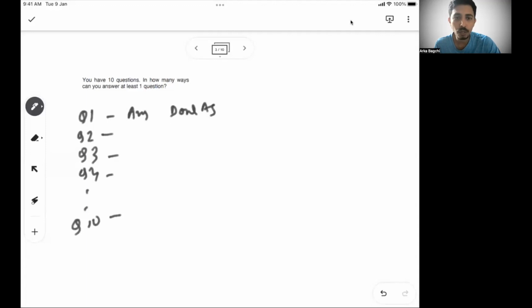And whichever option you choose for whichever question, there are another two options available for all the other questions. So that means 2 to the power 10 ways to answer.